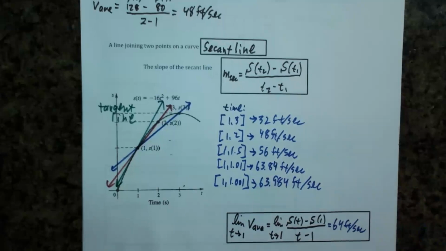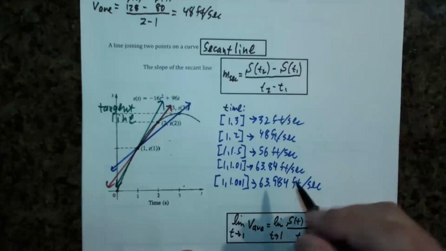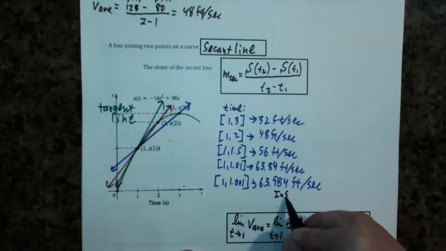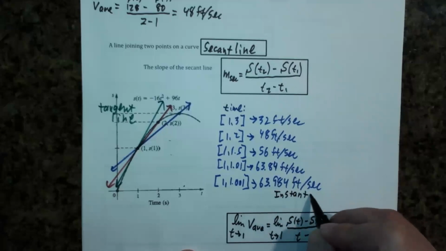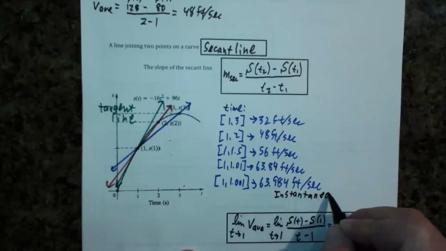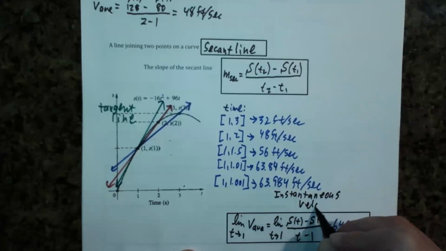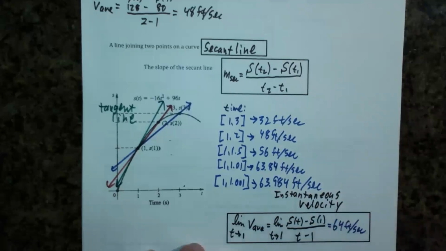And this is what's referred to as instantaneous velocity. That's it. And that's going to be a major goal of a lot of what we're doing in Calculus 1 at the beginning. Hope that helped.